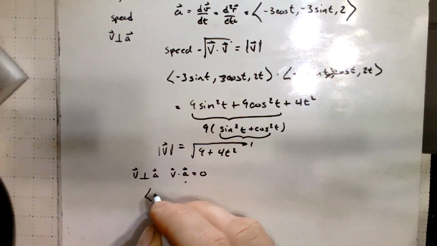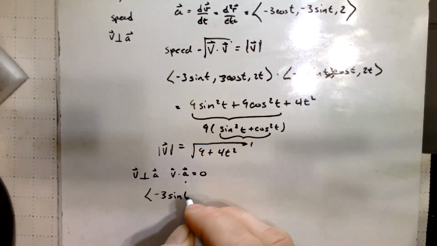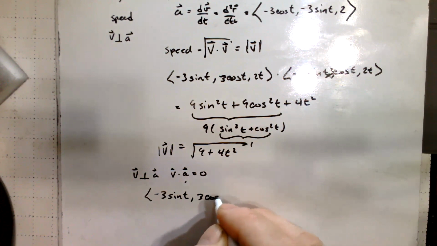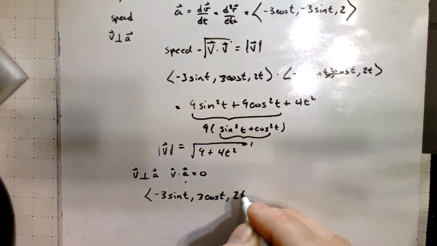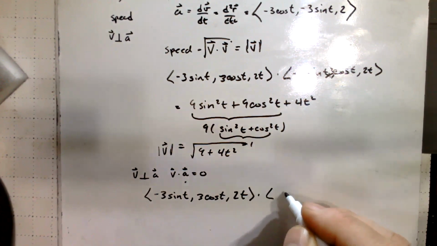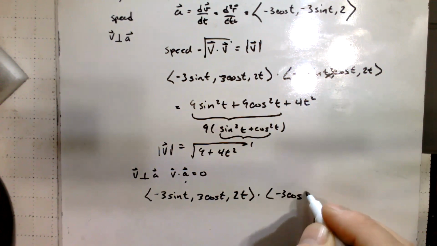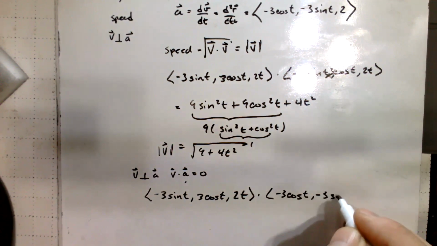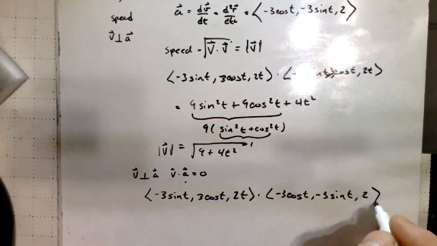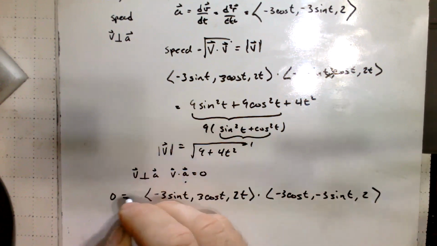We have negative 3 sine t, 3 cosine t, and 2t, dotted with negative 3 cosine t, negative 3 sine t, and 2. And we're going to see if this equals 0.